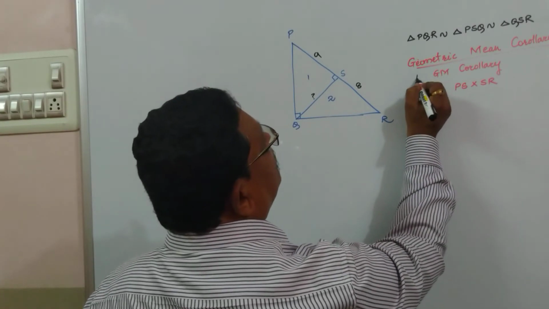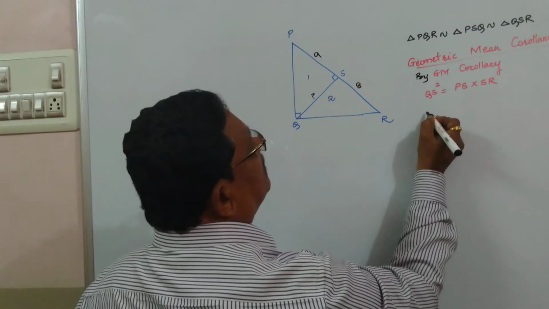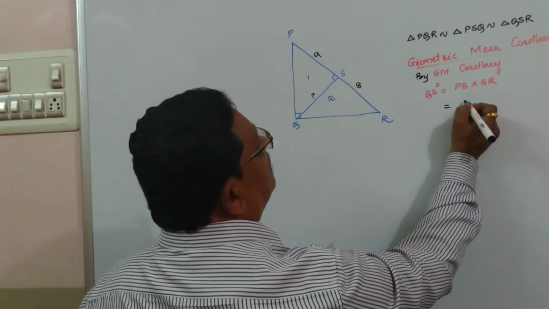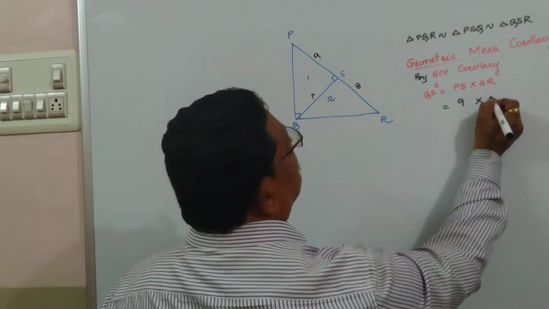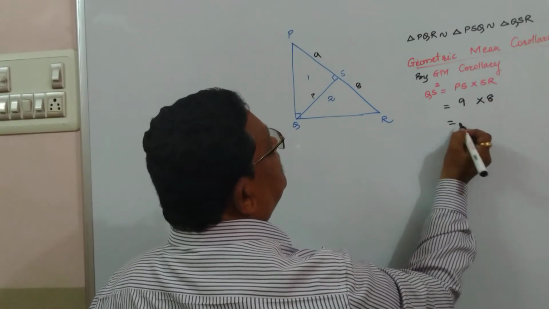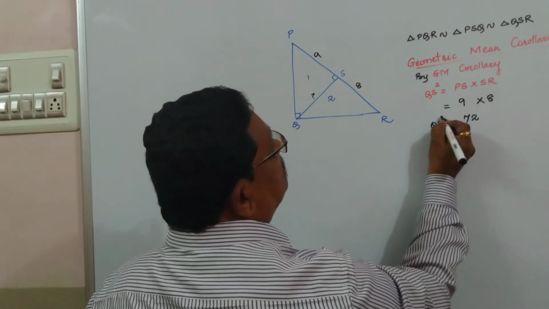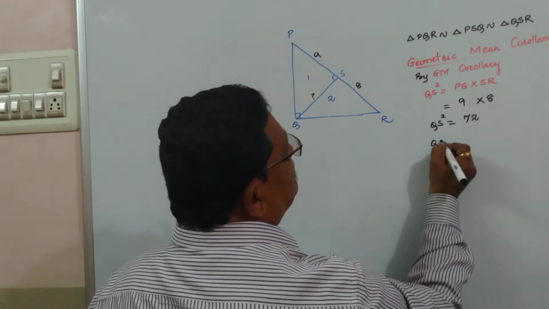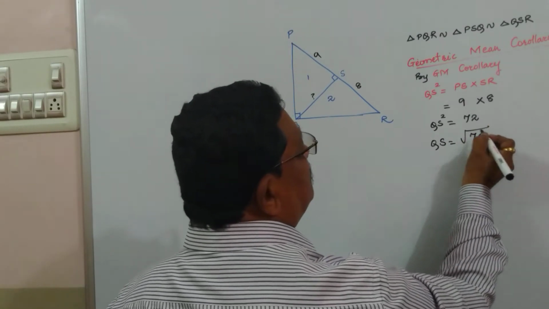By the geometric mean corollary, QS square equals PS into SR. Hence QS square is 9 multiplied by 8, which is 72. Now 72 is not a perfect square. Hence QS will be equal to square root of 72.